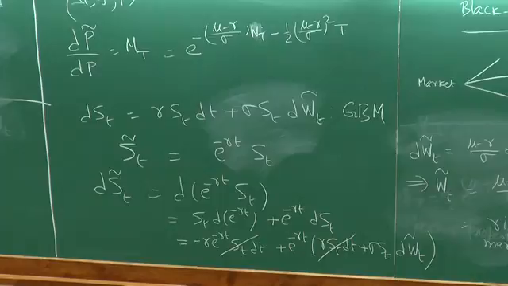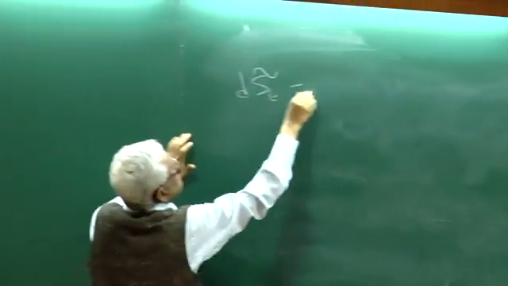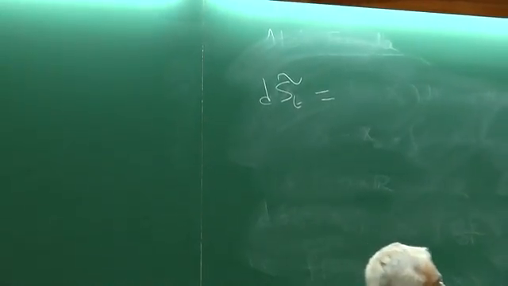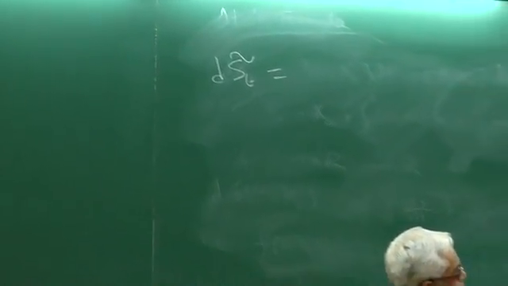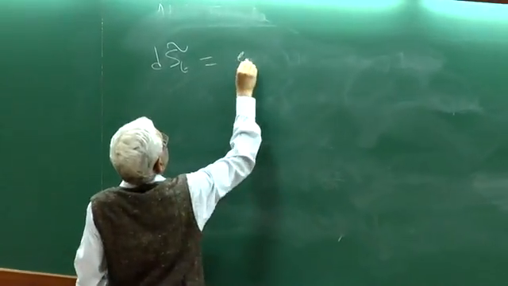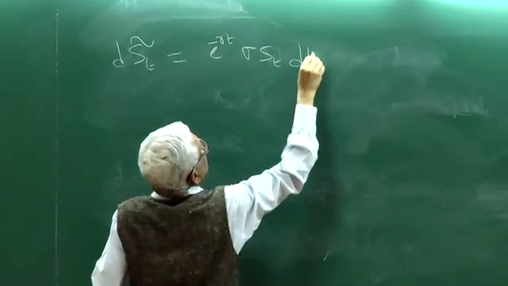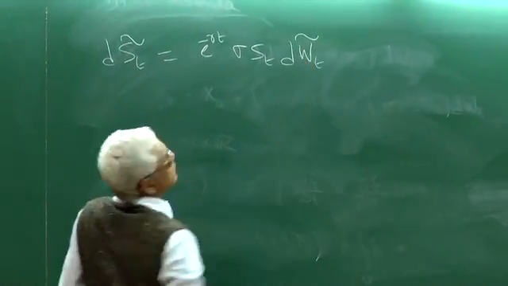So continuing from there, dSt tilde equals, what am I left with? I am left with e to the power minus rt sigma St dWt tilde.